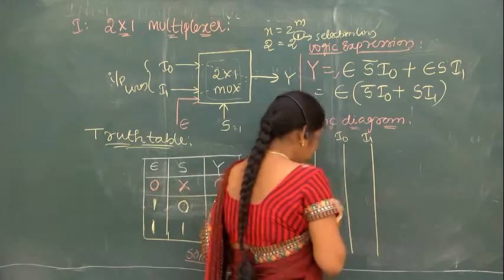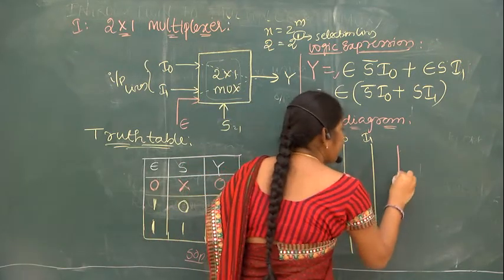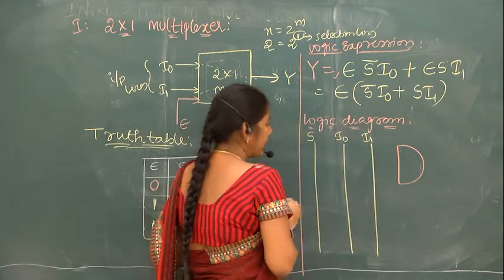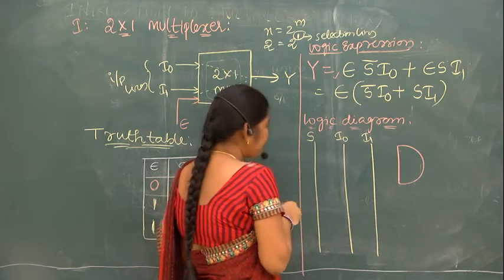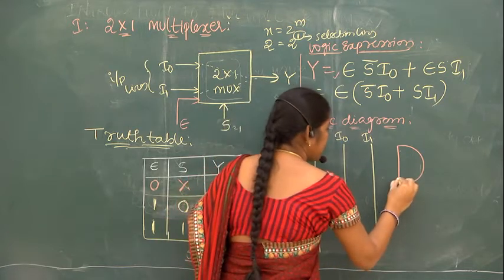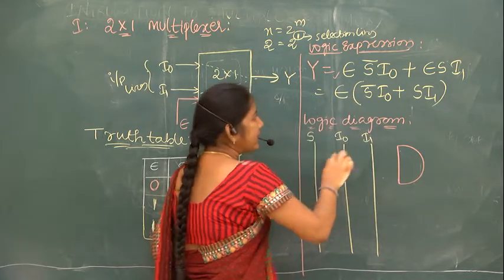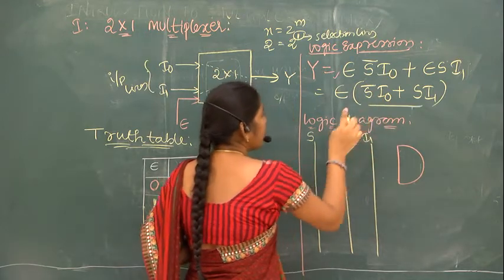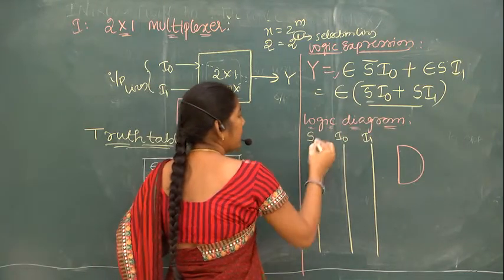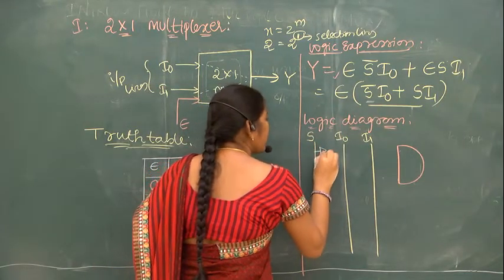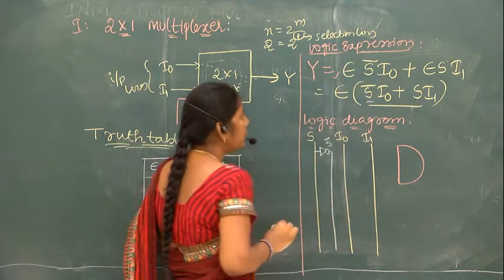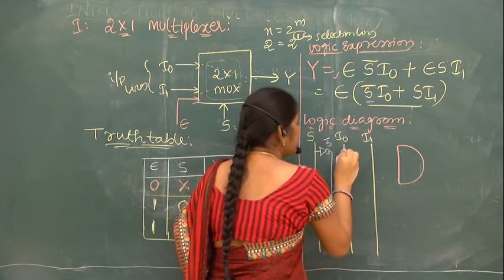First I am considering one AND gate where the inputs are E. We'll give the common input later. I'll give only these terms: S bar is required. So give the selection line input to one NOT gate so that you will get the S bar value. S bar I0.